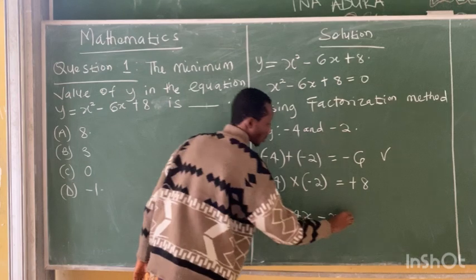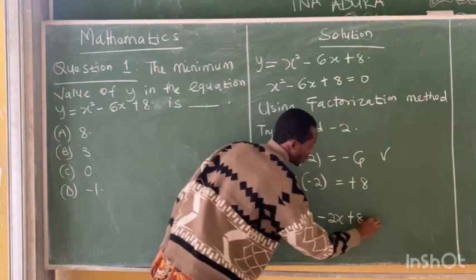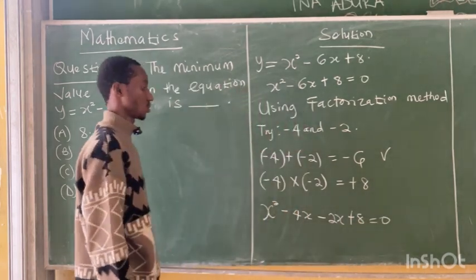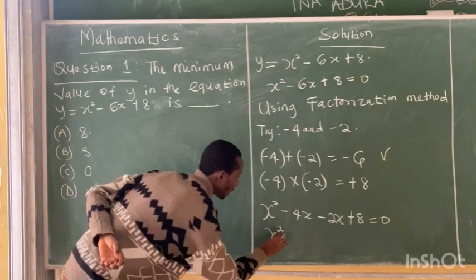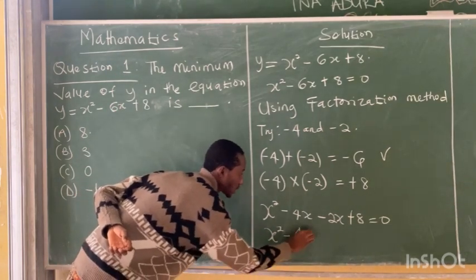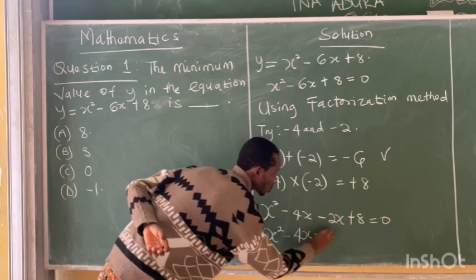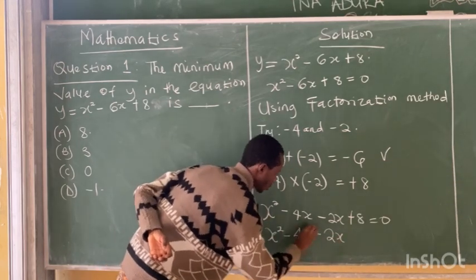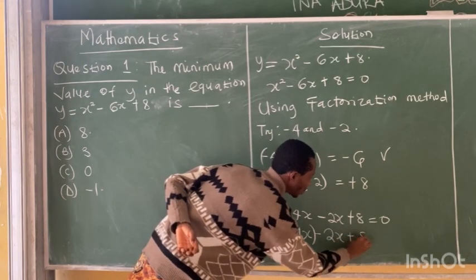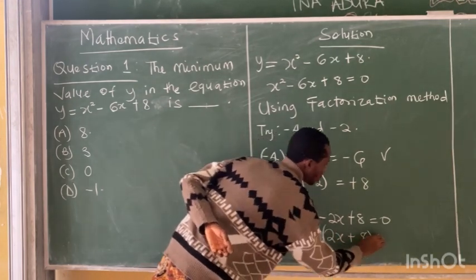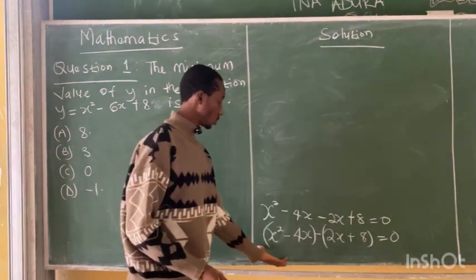We'll bring this down, plus 8 equals 0. This is the same thing as x squared minus 4x minus 2x plus 8 equals 0.